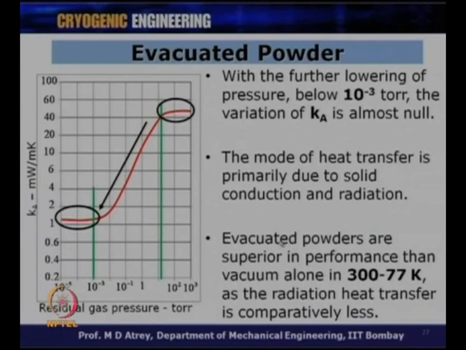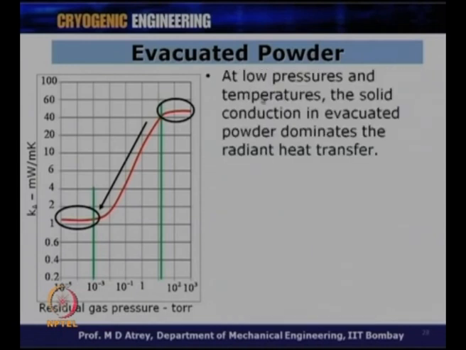Please understand these points. However, if I go to very low pressures and very low temperatures, the solid conduction in evacuated powder will dominate the radiant heat transfer. Radiation heat transfer will still be there, but at lower temperatures the solid conduction through the powder material becomes dominant. Therefore, the evacuated powder may not help there, but it is definitely better up to 77 Kelvin, the liquid nitrogen temperature range.